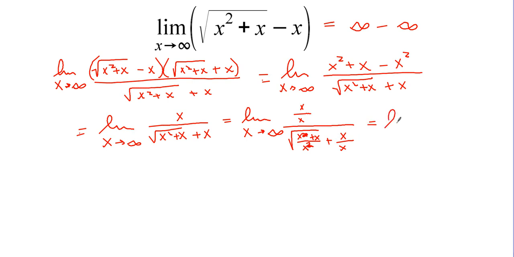And simplifying that down gives us the limit as x approaches infinity of 1 over the square root of 1 plus 1 over x plus 1. And as x goes towards infinity, this becomes 1 over the square root of 1 plus 0, which is just 1, plus another 1, or 1/2.